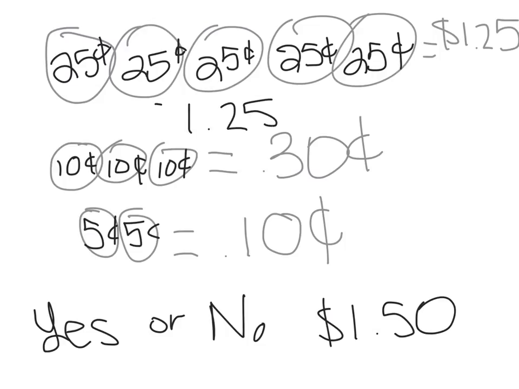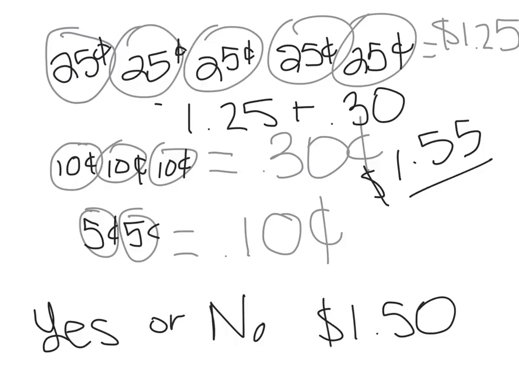$1.25. And to that, we're going to add 30 cents for the dimes. So we know that 25 plus 10 is 35, plus another 10 is 45, plus another 10 will give us 55. So after adding the dimes, we are going to be at $1.55.